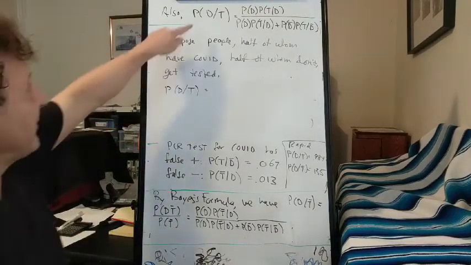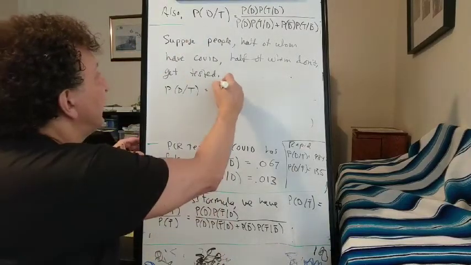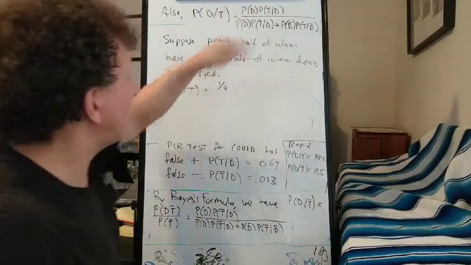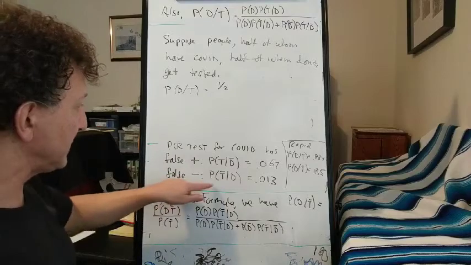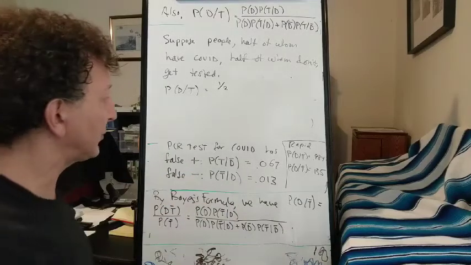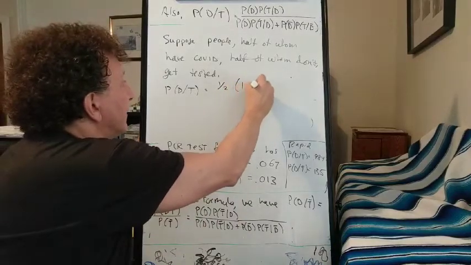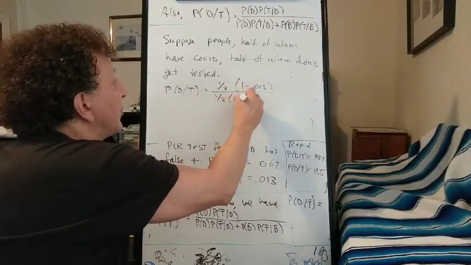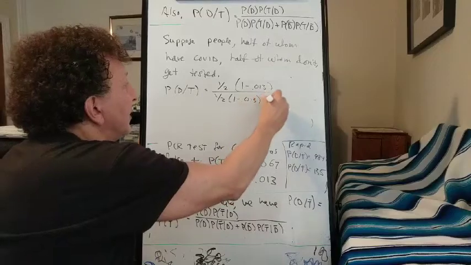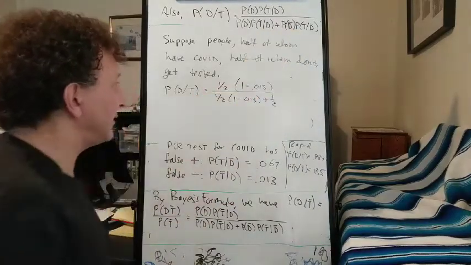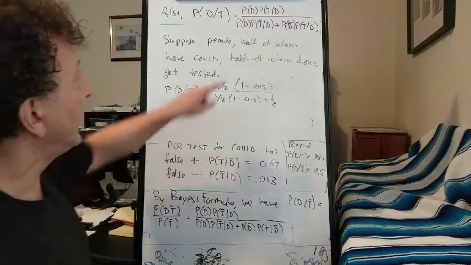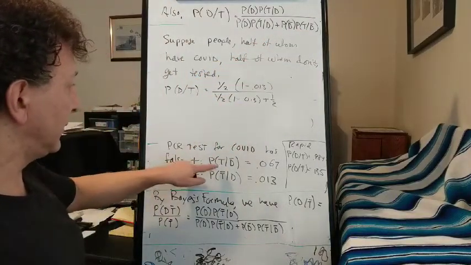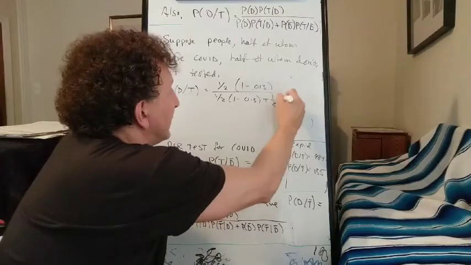Okay, so the probability of having the disease given that the test is positive is probability of having the disease times probability of testing positive given the disease. So that's 1 minus 0.013, divided by 1/2 times 1 minus 0.013, plus probability of not having the disease, also 1/2, times probability of testing positive given we don't have the disease, 0.067.